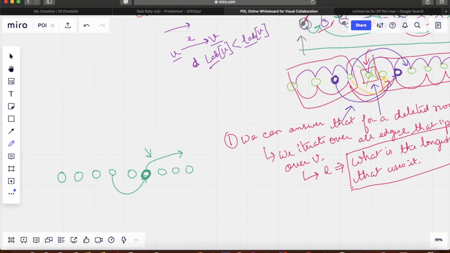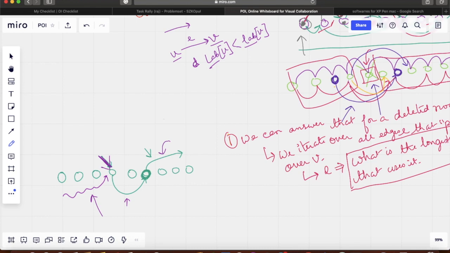Similarly, if we know the longest path that is ending at this particular node, somewhere like this, then we can also definitely say that if the longest path were to traverse using this edge, then before traversing this edge, it would have used this path, and after traversing this edge, it would have just used this path.